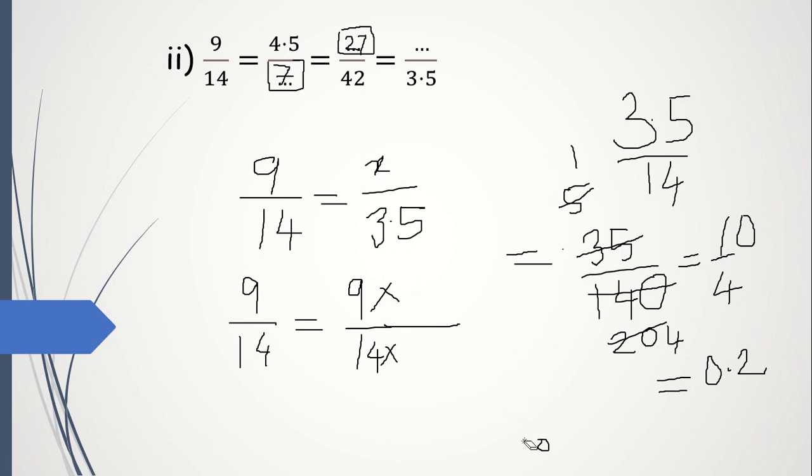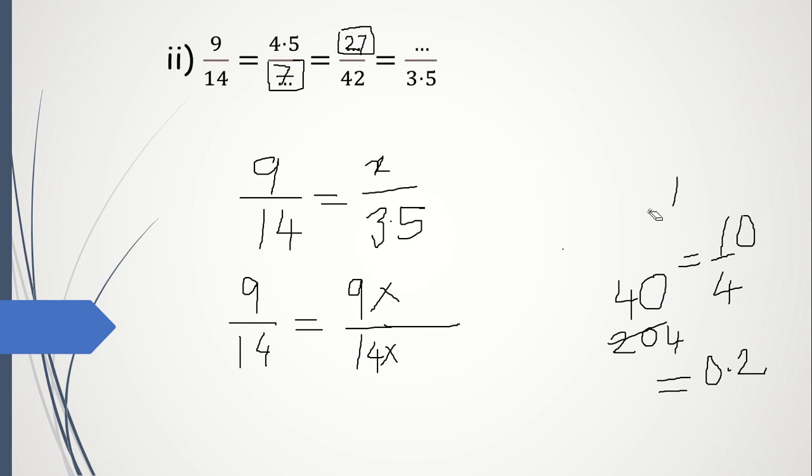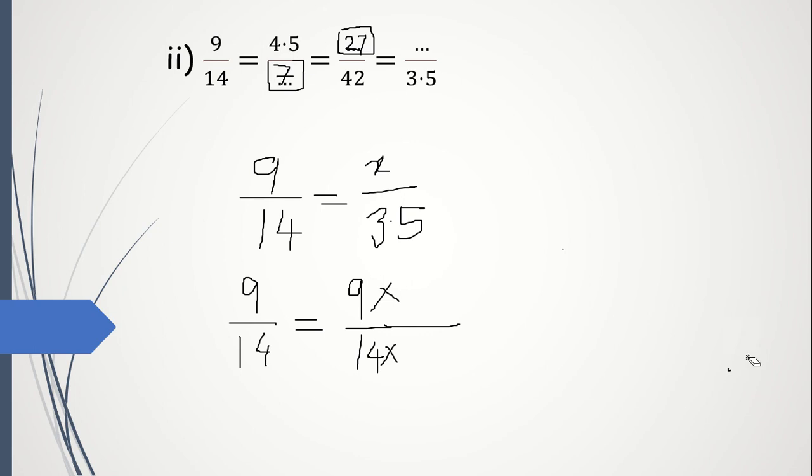So after doing all this, we came to know that 14 multiplied by 0.25 will give us 3.5. Similarly, we have to multiply numerator also by 0.25. Okay. So 0.25 into 9.